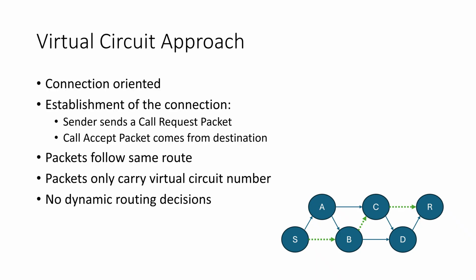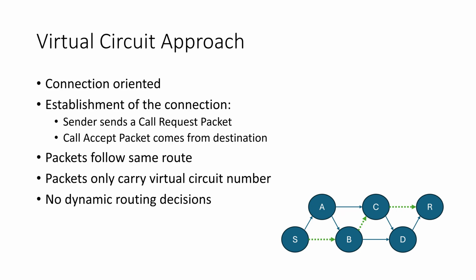For example, we have a sender and a receiver, and they have established a connection between them. But this is not a dedicated connection. The main difference between the virtual circuit approach and circuit switching is that in virtual circuit switching, there is a sharing of link and the data travels in packets, not a bit stream.